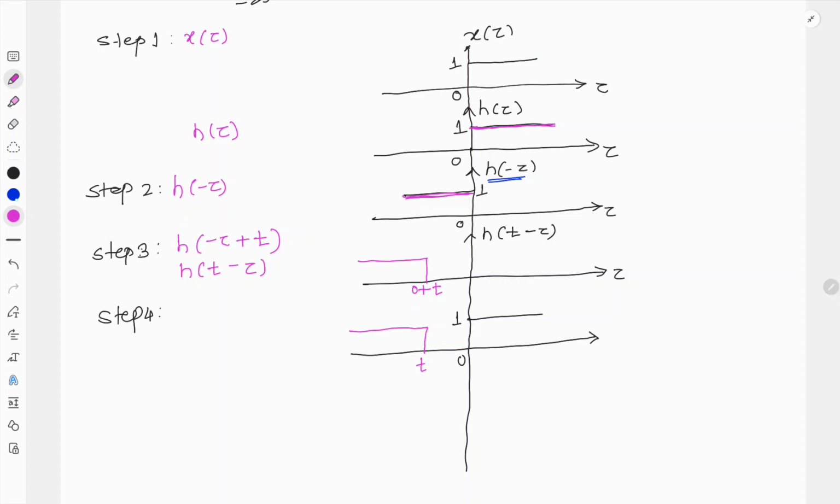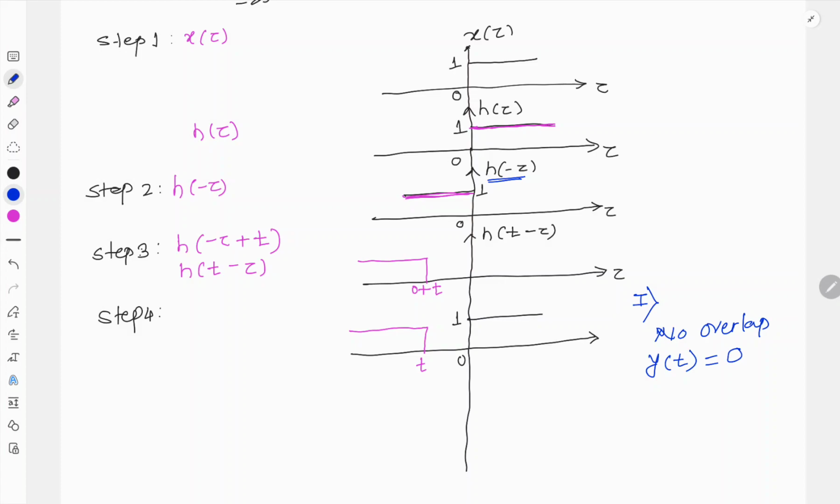So this is our first condition, that there is no overlap. Therefore our y of t, which is the integration of x of tau and h of tau, so multiplication of x with h, is 0. Therefore our y of t will be 0.